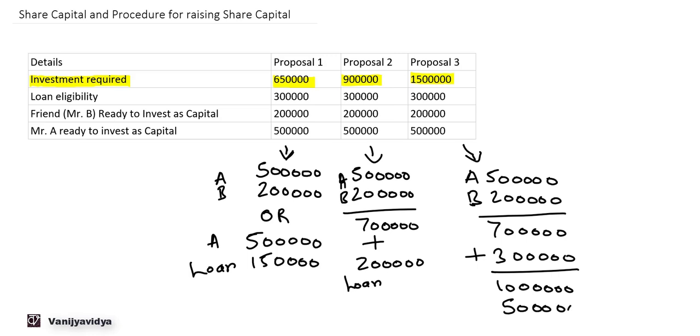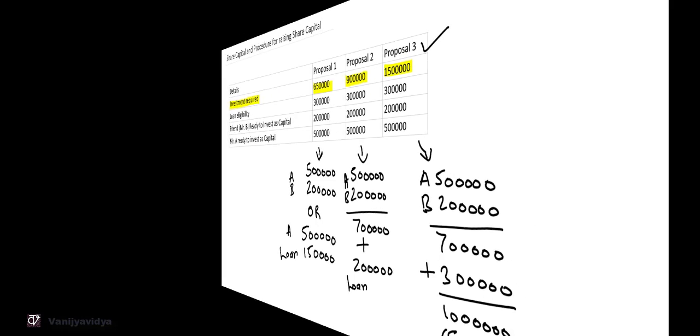This additional 5 lakhs can be obtained either through private sources or public sources. Let us say that A wants to form a company and goes with proposal 3. Now let us see the procedure. The total investment required is 15 lakhs.